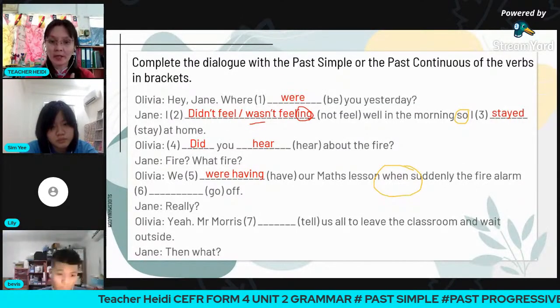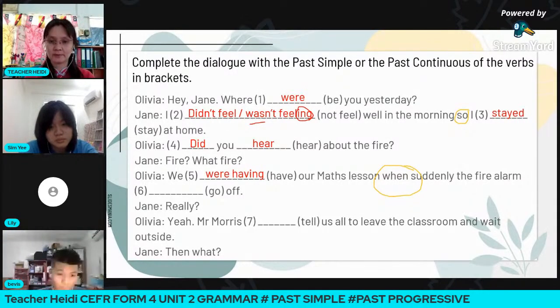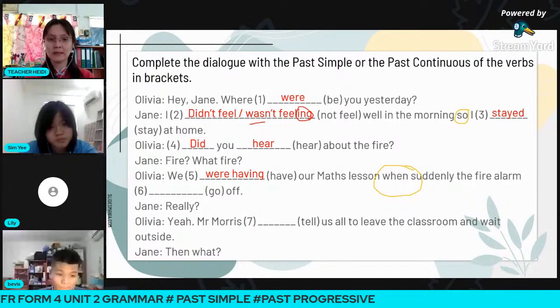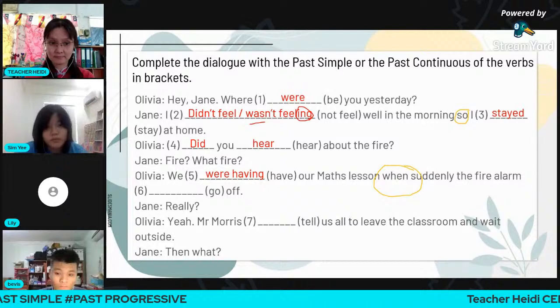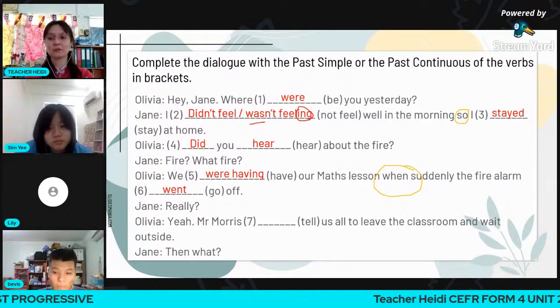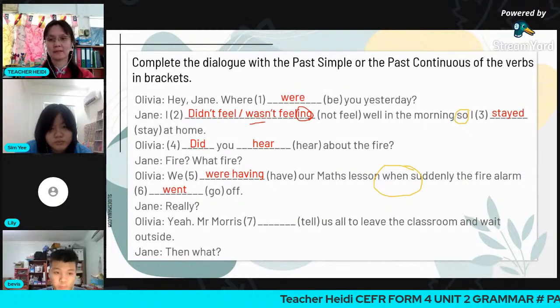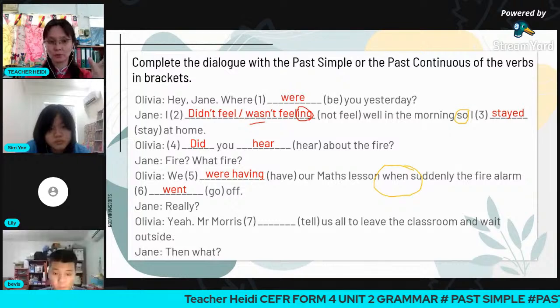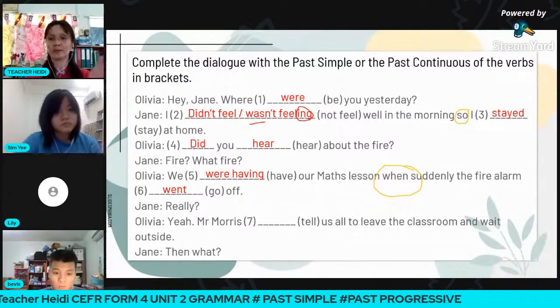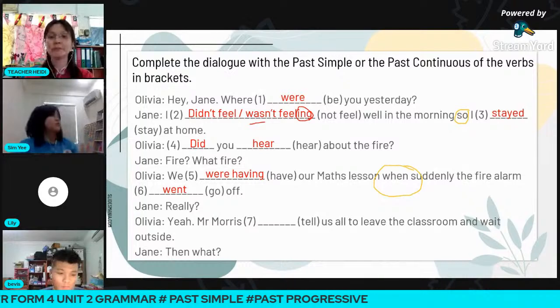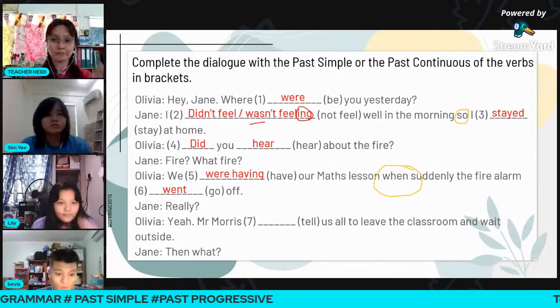So we were having our maths lesson when suddenly the fire alarm. Is it an interruption? Yes, because no one expected that the fire alarm would go off. So this is the interruption. That's why you say when suddenly the fire alarm went off. So you use the simple past.